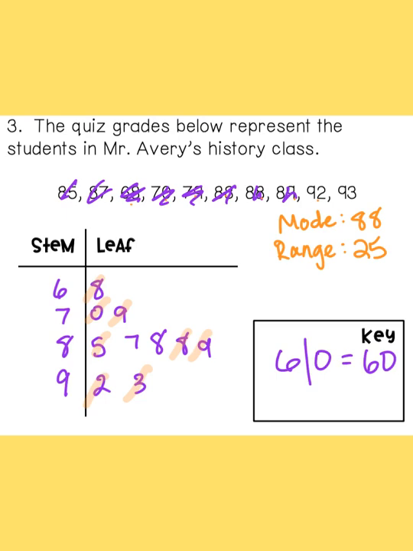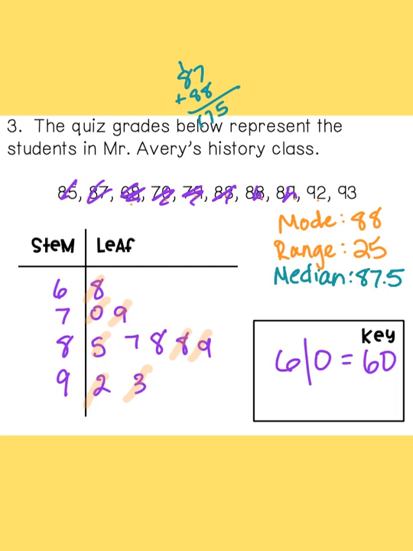So I can add 87 plus 88, and I'm going to get 175. Now I'm going to divide by 2, and the reason why is because I'm finding the mean of that to figure out what's in between. And that's going to be 87.5. So my median is 87.5.